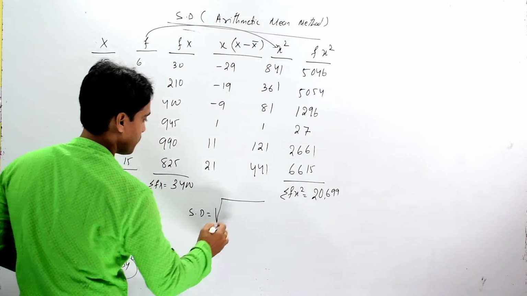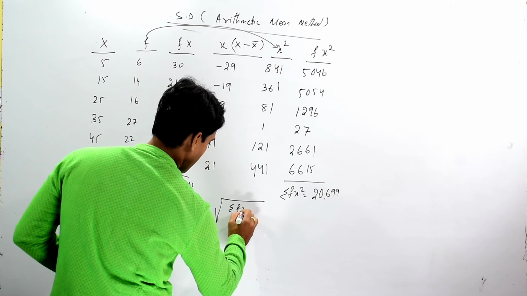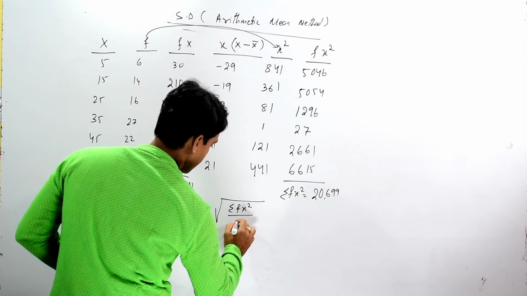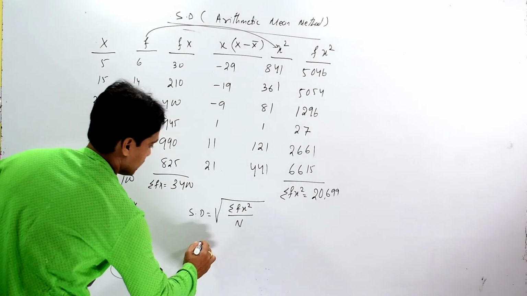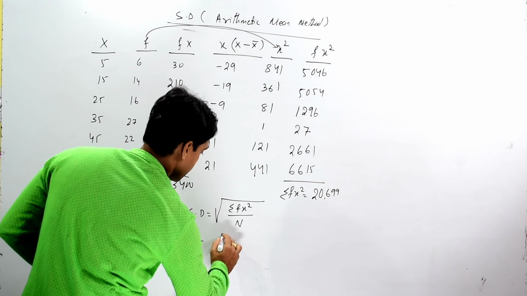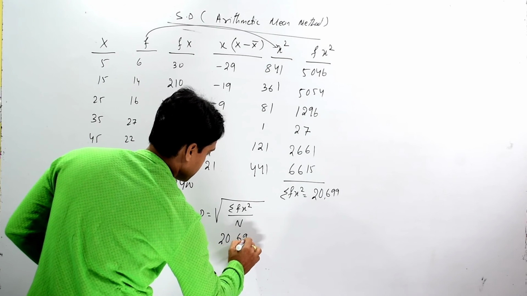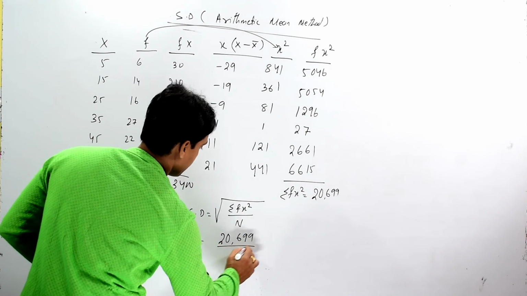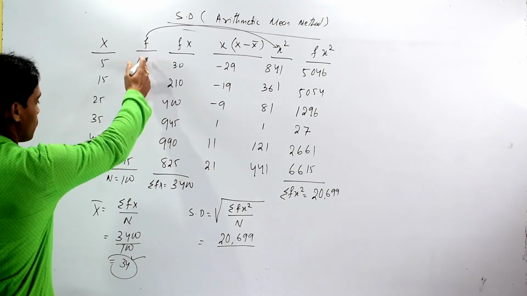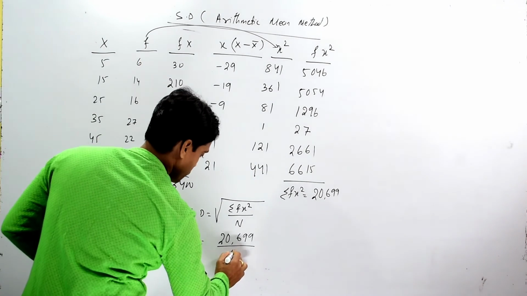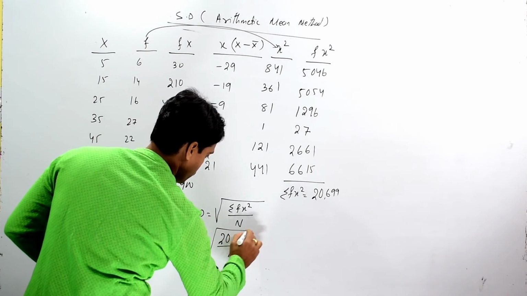Now we can calculate the value of the standard deviation by using the rule under the arithmetic mean, that is the whole root of summation fx square divided by n. Now putting the values, that is 20,699 divided by n, the total frequency 100, root over.